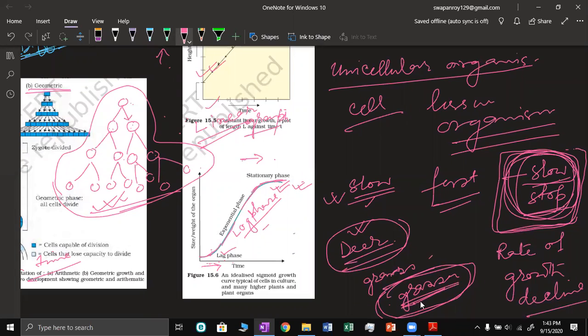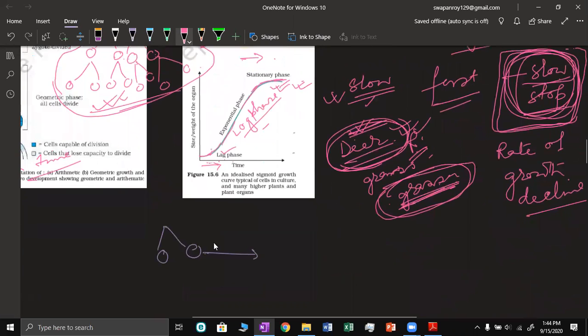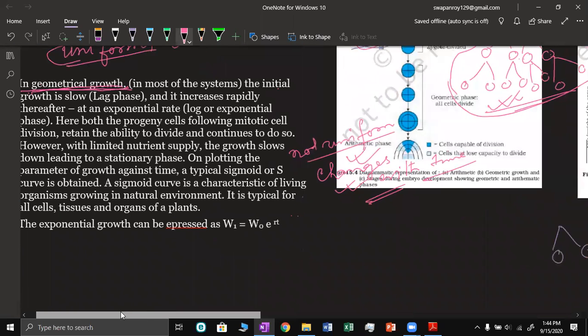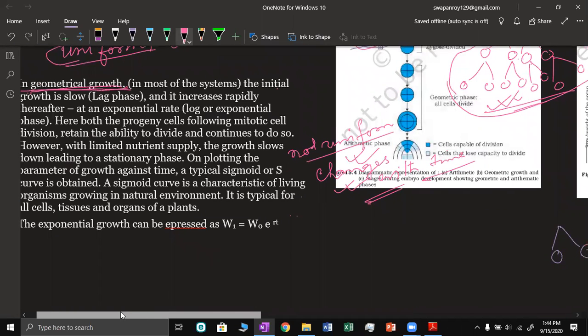So the food will be limited for this increasing number of deer, and then their health will be affected, their reproductive ability will decrease, and so gradually the growth rate will decrease. That is the way it was. So this is the exponential phase.